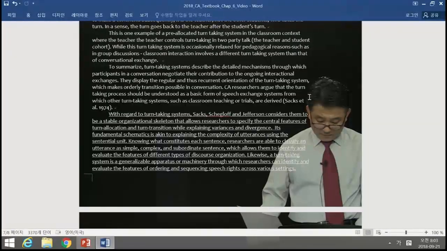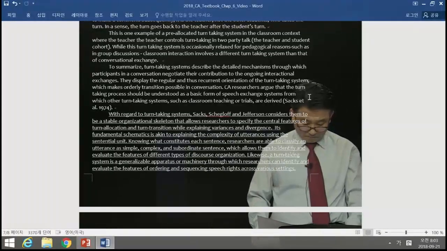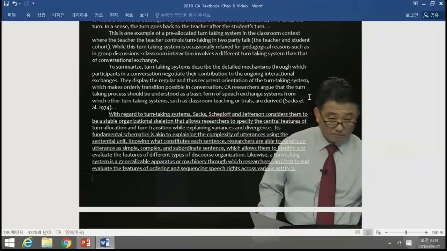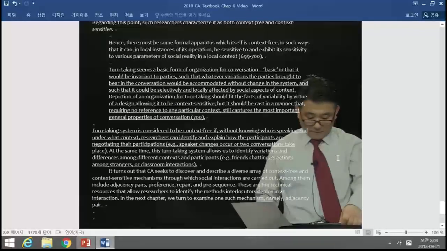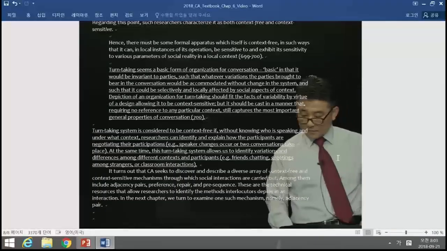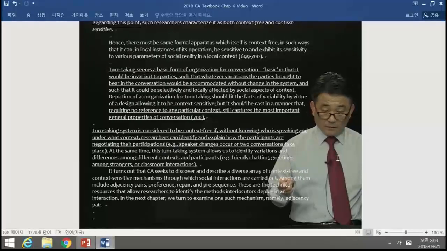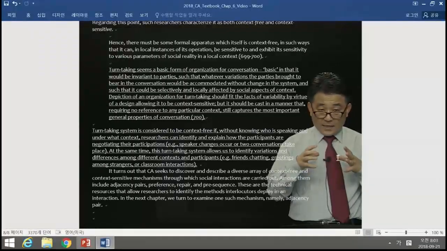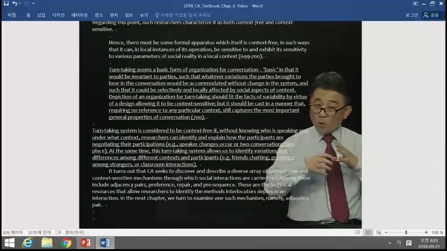So in the next page, I concluded here by discussing what Harvey Sacks calls context-free and context-independent of the turn-taking system. So the turn-taking system is context-free because it's so basic.